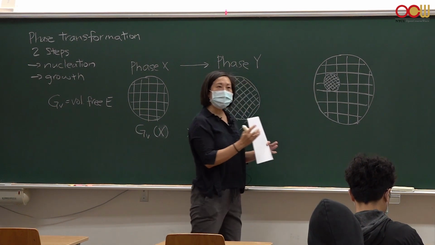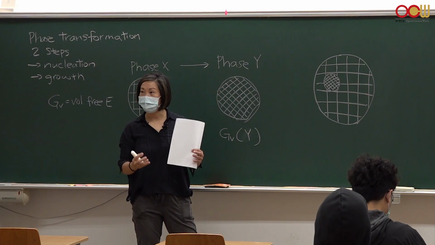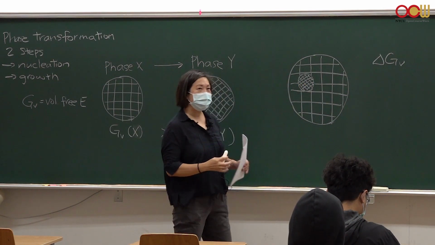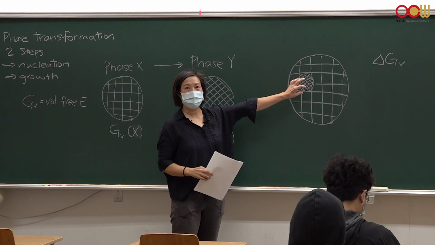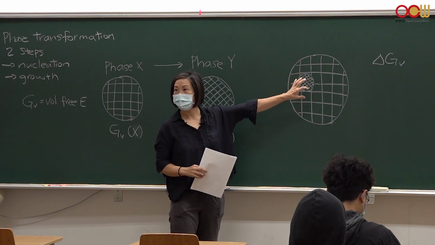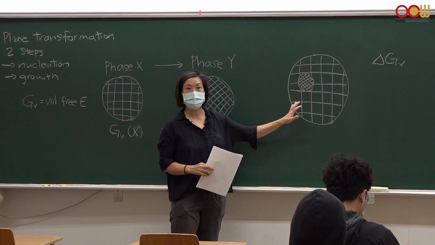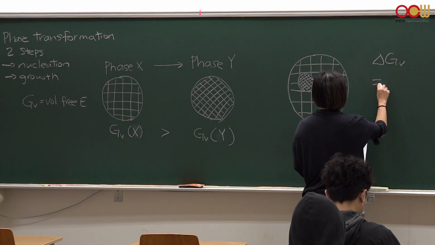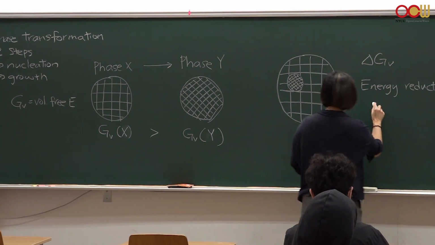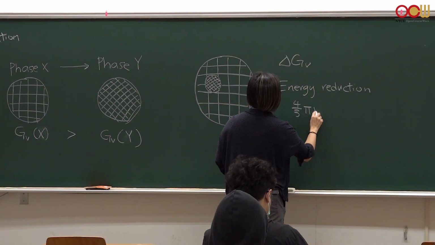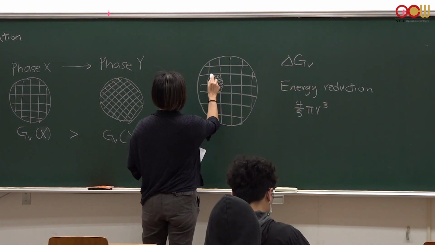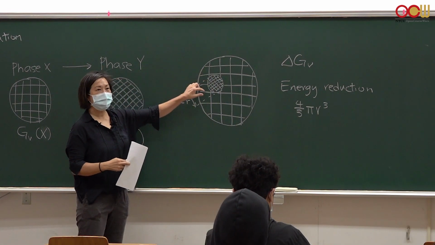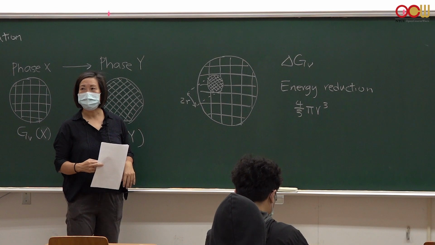So there's a change in free energy. The change in free energy is a reduction of free energy because part of this material has started to change into a new phase that has a lower energy. So the energy reduction is 4/3 pi r cubed times delta G_V. Assume this nucleus has some radius r.